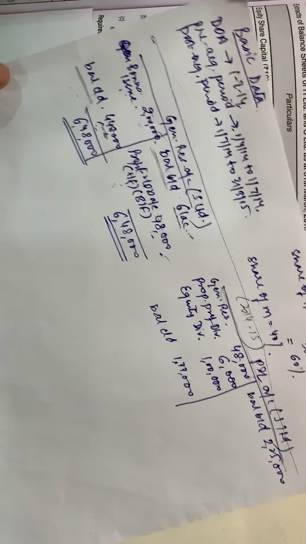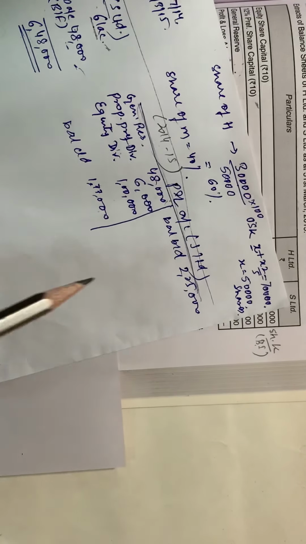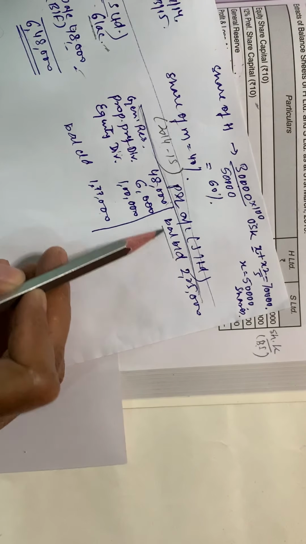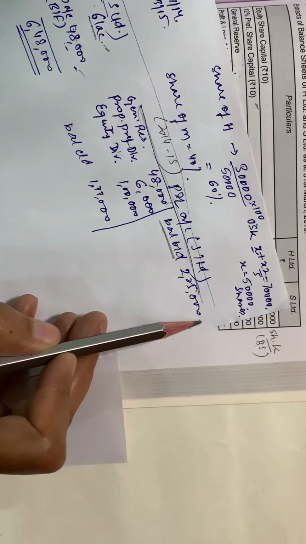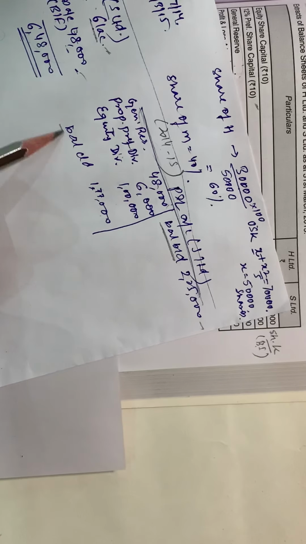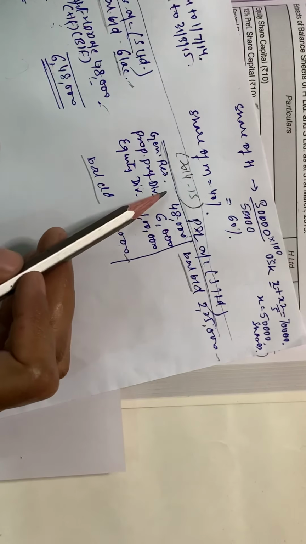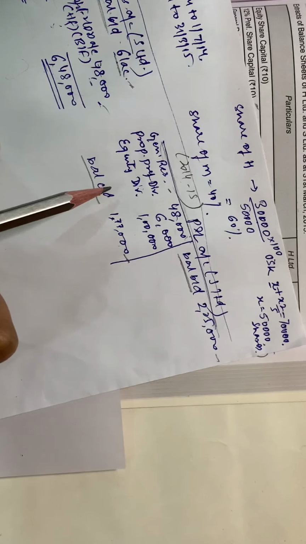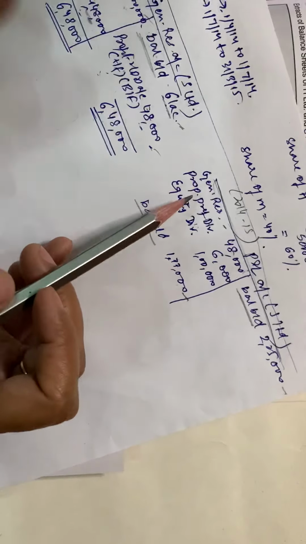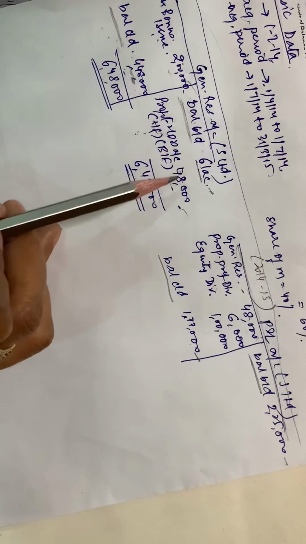But when you go to the P&L account, then over here you have the opening balance as this, and the closing balance is given like this. The general reserve appropriation we have already appropriated, because both these figures are after this appropriation.